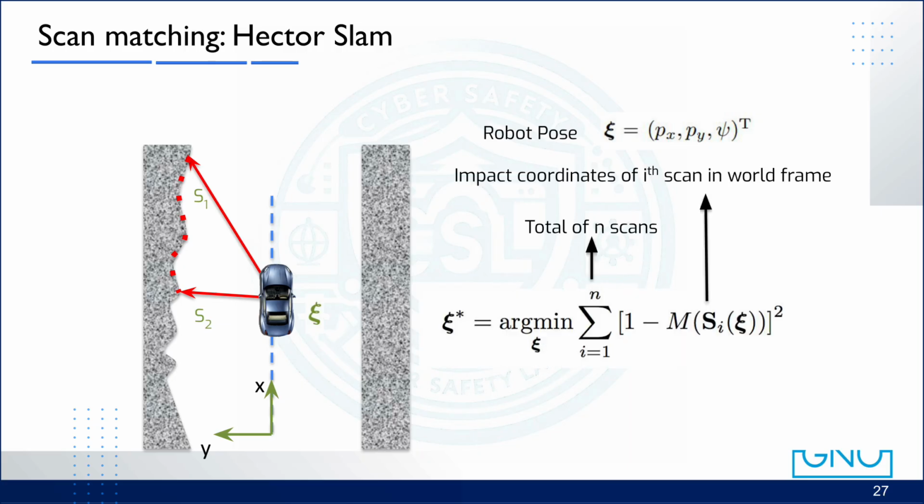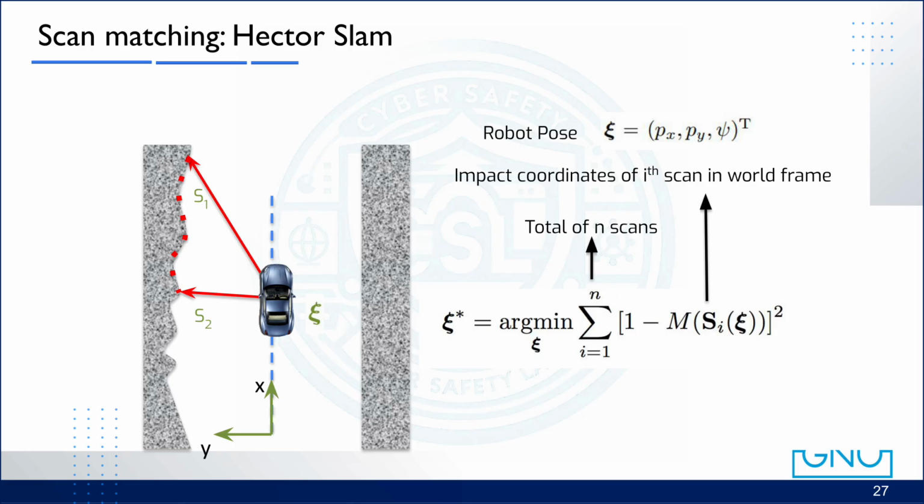Each scan point, written as S_i(ξ), represents the impact point of the ith laser beam when the robot is in pose ξ. The function M tells us the value of the map at that coordinate. Map cells are coded as 1 for occupied, 0 for unknown, and -1 for free.